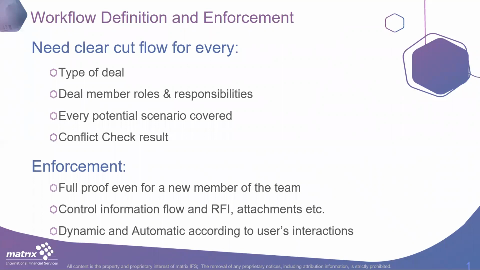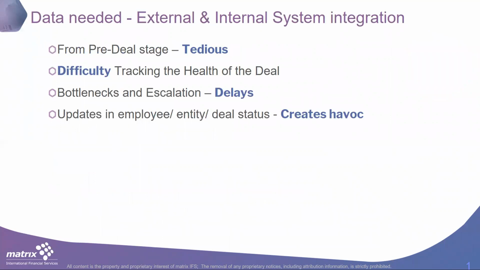Another challenge that, as I mentioned before, is often present is the data needed from different systems. This is mainly in the pre-deal and deal initiation and also conflict check sections, where it's very tedious.